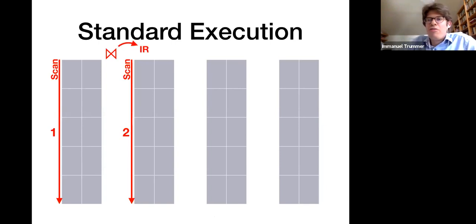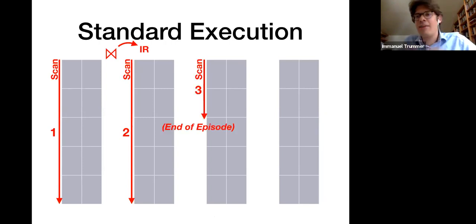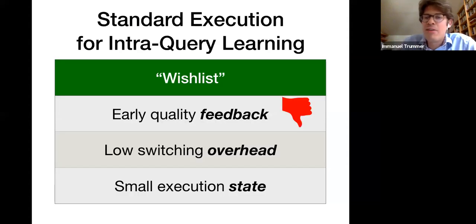And afterwards, we might still have a little bit of time to start looking at the third table, but at some point, the current micro episode will probably end. Now, the first problem here is that I have a lot of information about the cost of the first few joins, but I don't have any information about the cost of the remaining joins. So I cannot say anything about the overall quality of the current join order. And that means we don't really have early quality feedback.